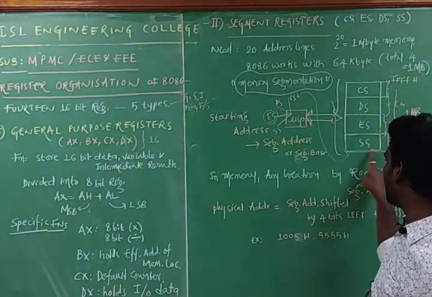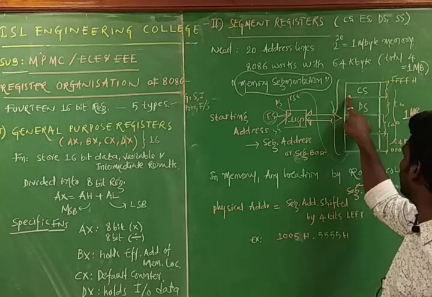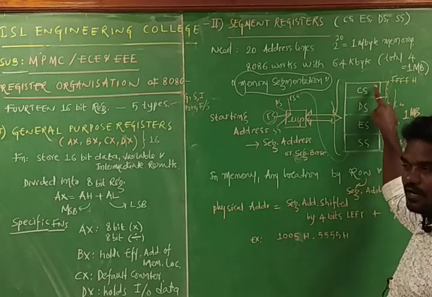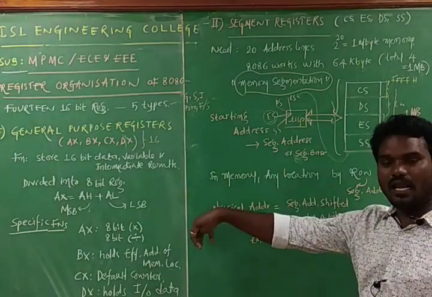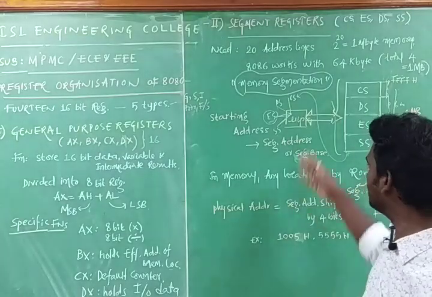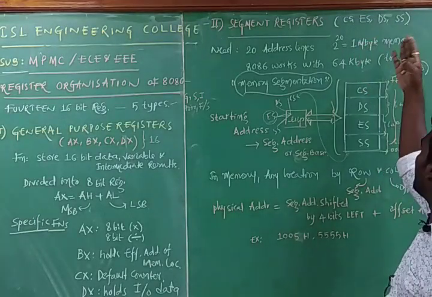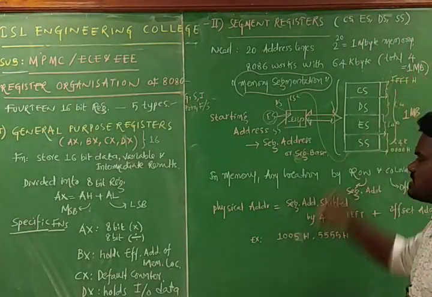That means the starting address of each segment of the memory, outside memory, is stored internally in the microprocessor using the segment registers, that are code segment, extra segment, data segment, and the stack segment.